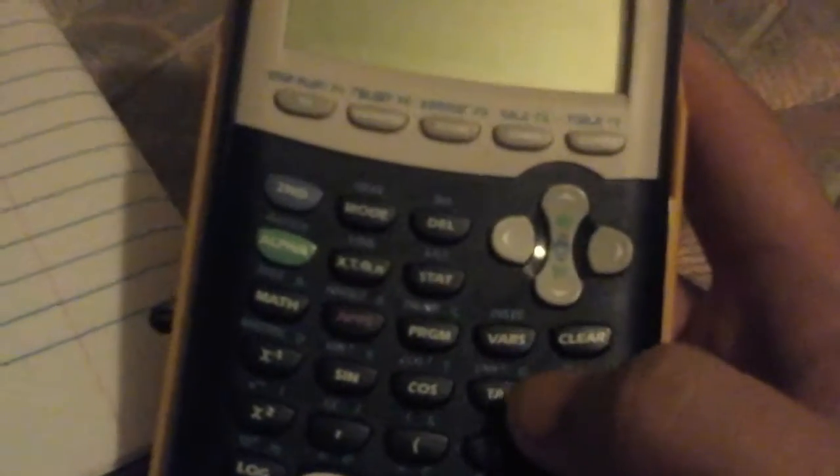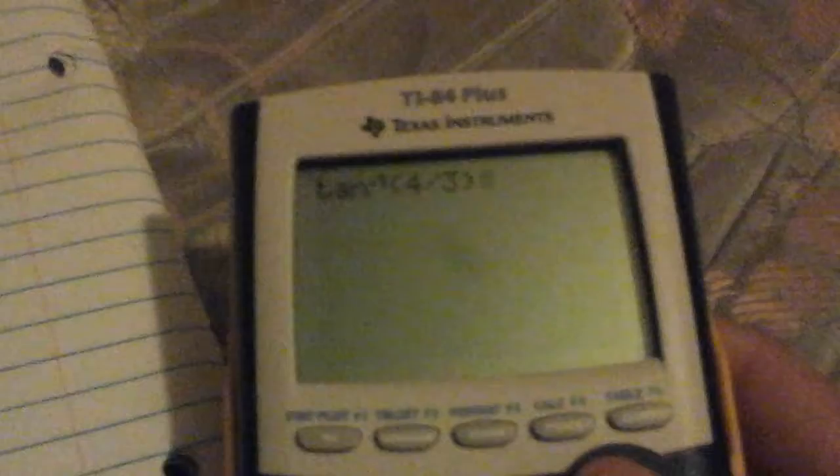There's a button where tan -1 is, right above our normal tan. You notice it's in blue, so we have to press second first, and then tan. Now you see we got tan -1. Over here we had our fraction, 4/3. So I'm just going to type it in, 4 divided by 3, and I like to close the parenthesis every time.